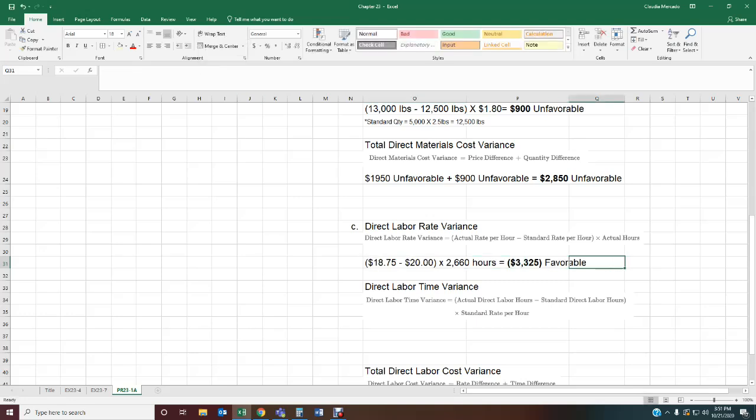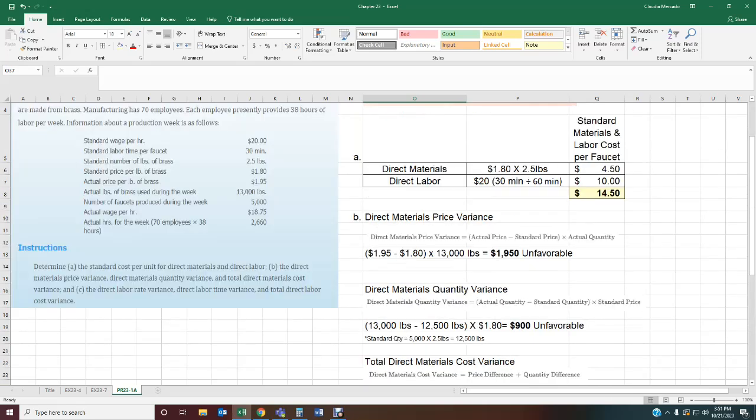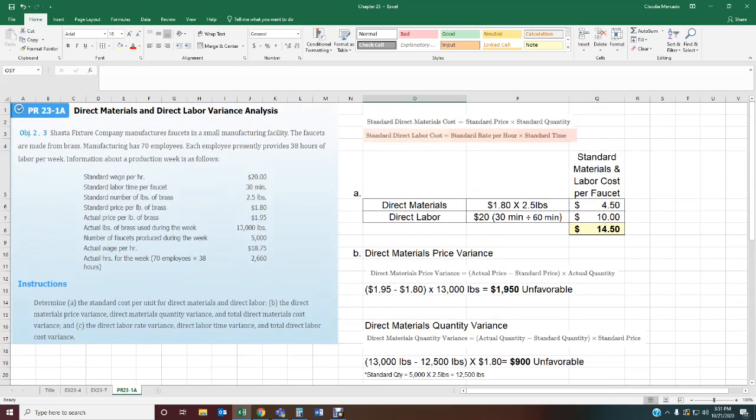The next one we have is our direct labor time variance. Our direct labor time variance is our actual direct labor hours minus our standard direct labor hours times our standard rate per hour. So my actual direct labor hours are 2,660, the last item.